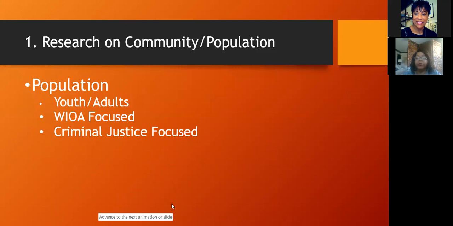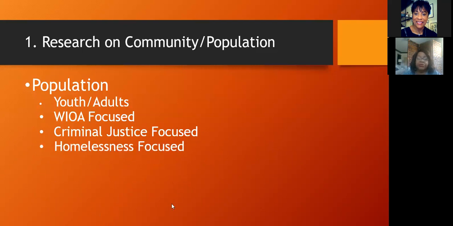And then there is the homeless focus. Individuals who are homeless, there are many programs across the United States that are working with homeless individuals. And homeless individuals certainly run the gamut. They could be from those who may have had some physical or psychological issues, to those who just, for a number of unfortunate circumstances, found themselves homeless.